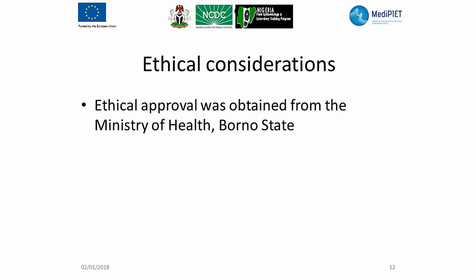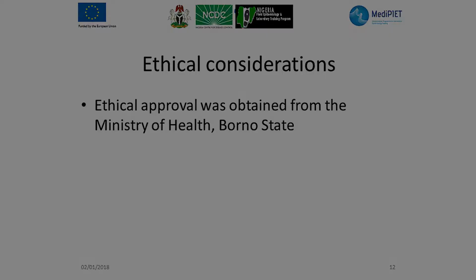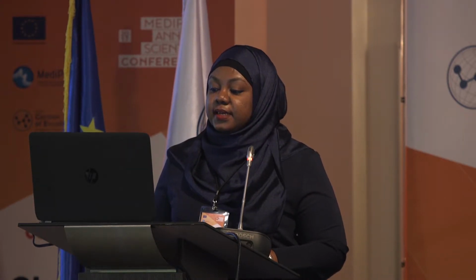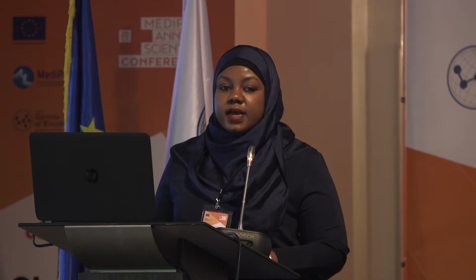The data quality was assessed using percentage of unknown or missing entries. We selected some variables from the data set we worked with, and using that, we were able to calculate the percentage of missing entries. And what we found was that only 18% of entries had complete records in 2016, whereas 60.2% had complete records in 2015.